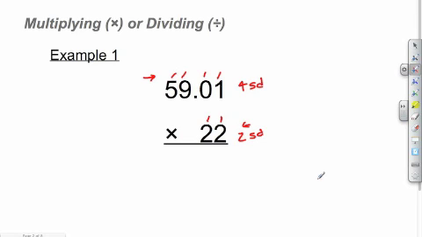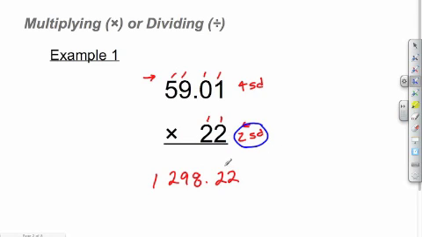So when I do my answer, 59.01 times 22, I'm going to punch that into the calculator. I see that my answer comes out on the calculator to be 1,298.22. Now remember the rule said that I can only have the same amount as the value from my calculation that has the fewest number of significant digits.